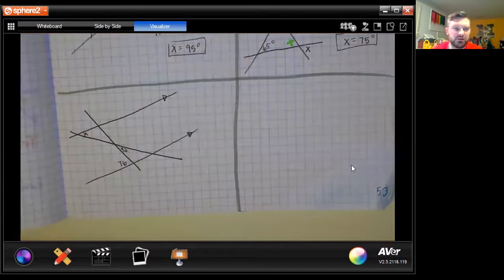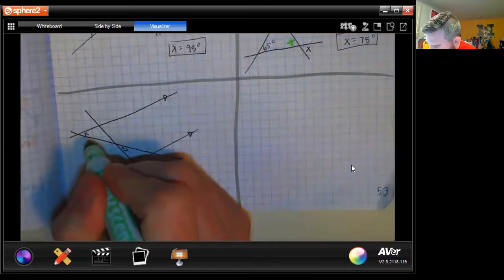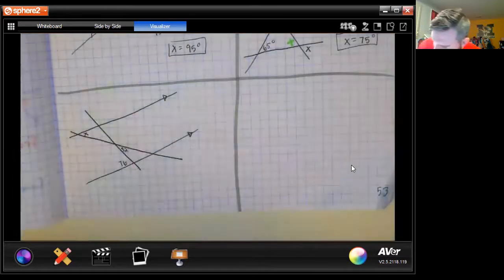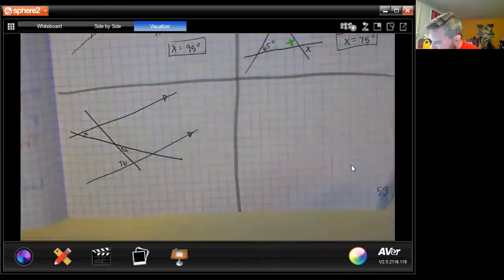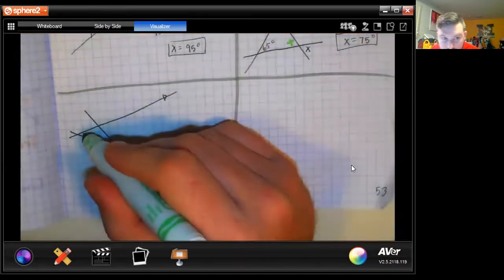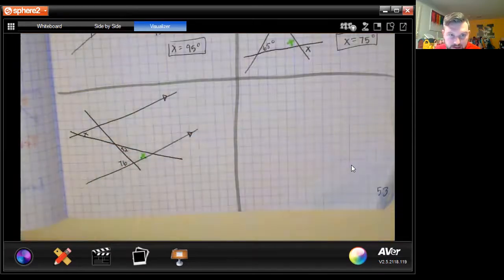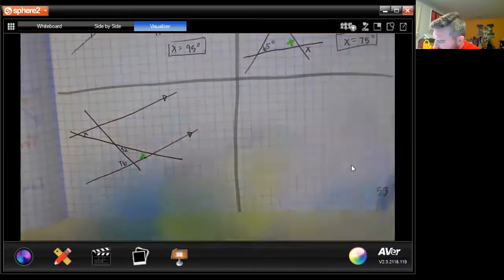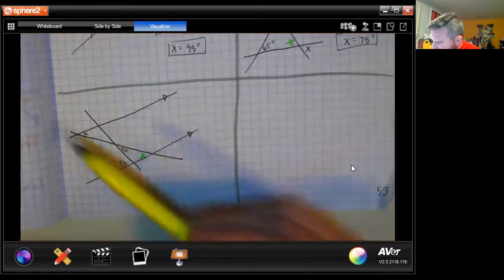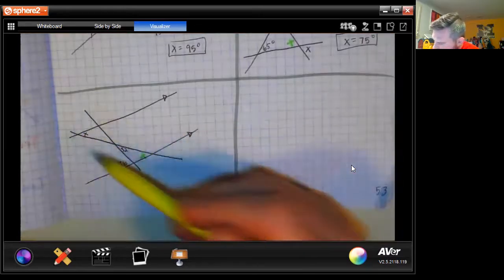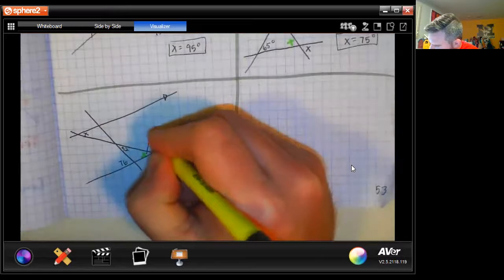We have parallel lines, so we can use some of the alternate interior, alternate exterior, corresponding, vertical angle stuff that we've had before. So if this angle right here is x, that could be alternate interior to this angle down here, which would also be x. They're on the inside of your parallel lines, there's your transversal, and they're opposite. So this was alternate interior.